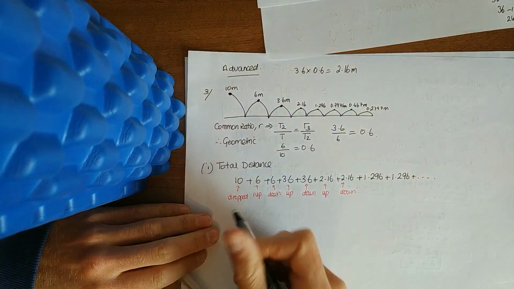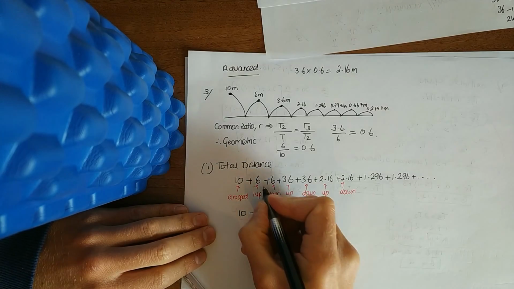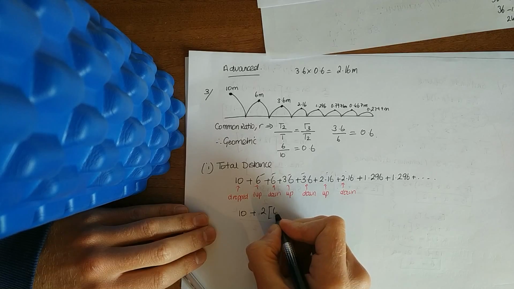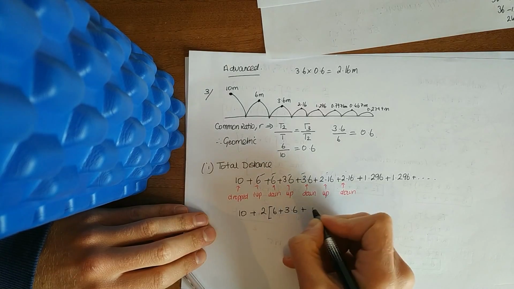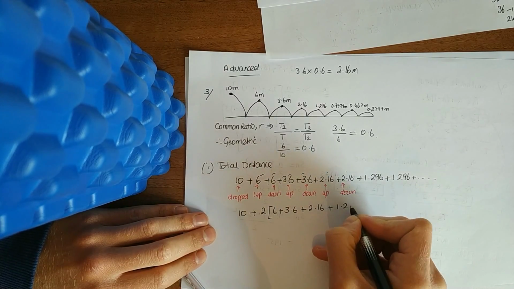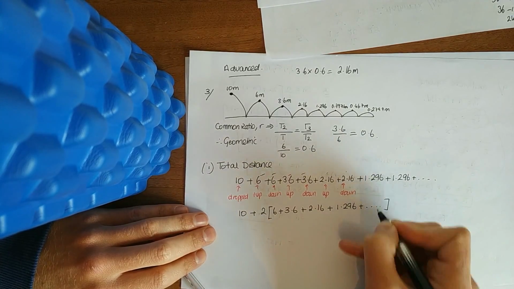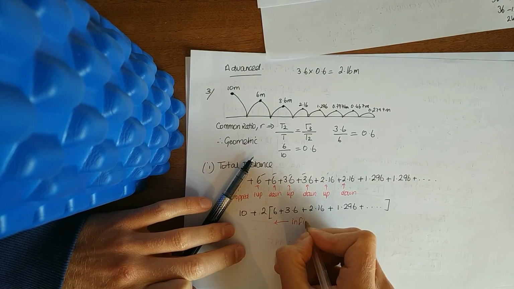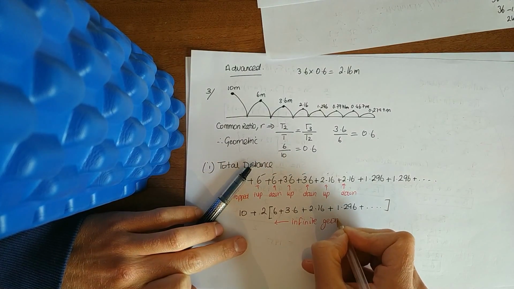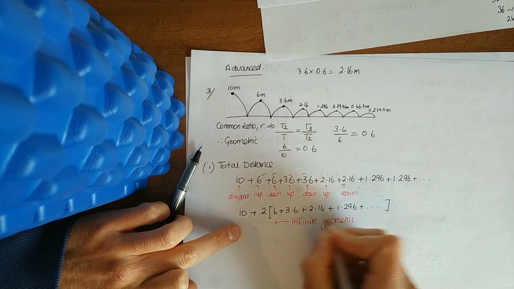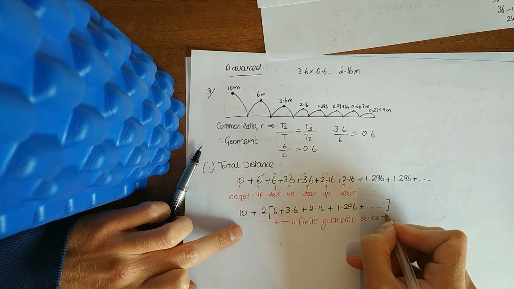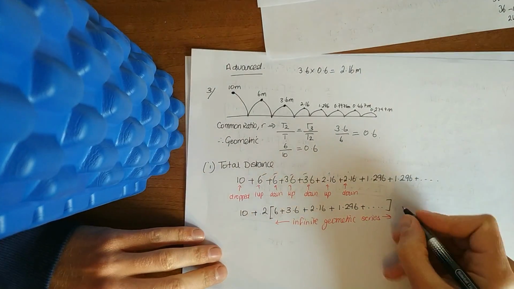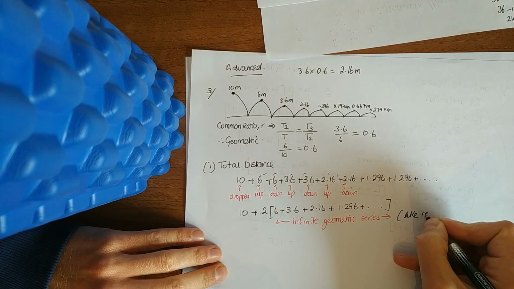So you could simplify that as my initial 10 meters plus 2 of each of these: 2 of your 6 plus 3.6 plus 2.16 plus 1.296 and so on. And when you do that, it's almost like your recurrent decimal. This is forming an infinite geometric, because it's got a common ratio, and a series because they're being added on, and it keeps going on and on. Yeah, so we've got an infinite geometric series. That's like the recurrent decimal from yesterday.